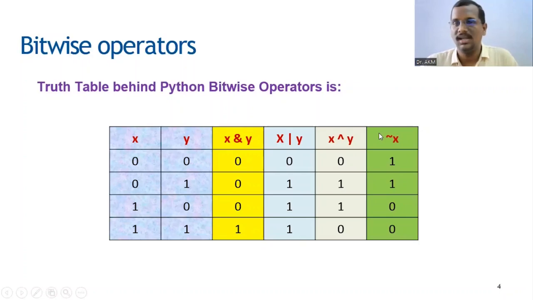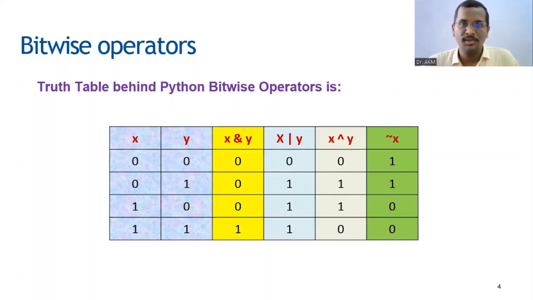And exclusive OR, XOR. So x exclusive OR y. So this operator returns 1 if any one of the values is 1. In bitwise OR, if any one of the statements is 1, the answer is 1.